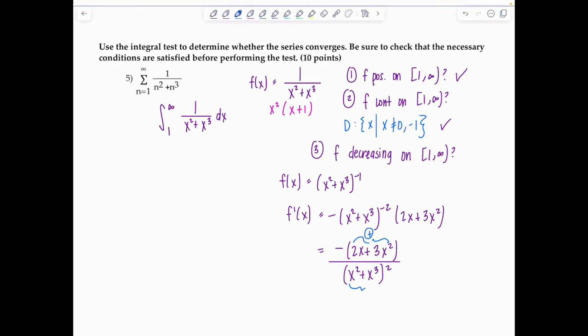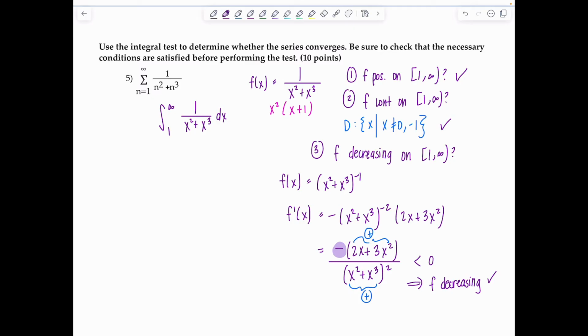The denominator is always positive no matter what. And then I got this big old negative sign out here. So I can say with great certainty, this is always negative, which means f is decreasing. So we're good. That's probably the most rigorous way of showing it. I didn't need something so full blown, but that's great.